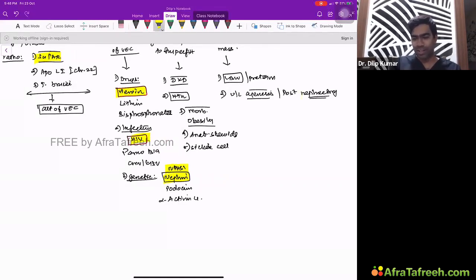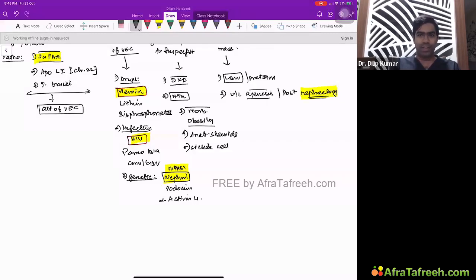So after nephrectomy, because only one kidney has to take care of the entire load, they might go for hyperfiltration and they can go for FSGS. If they ask you the side effects of kidney transplantation, one important side effect in the donor after kidney transplantation is a slightly increased risk of FSGS. Apart from that, there is not much problem.